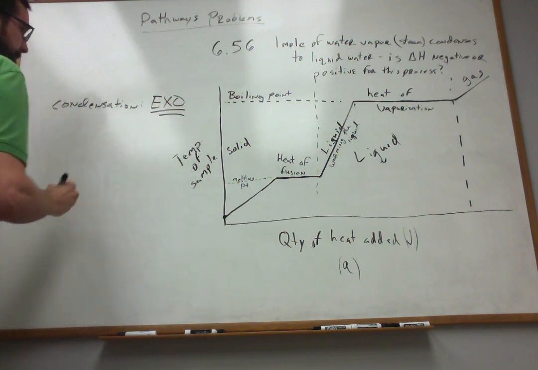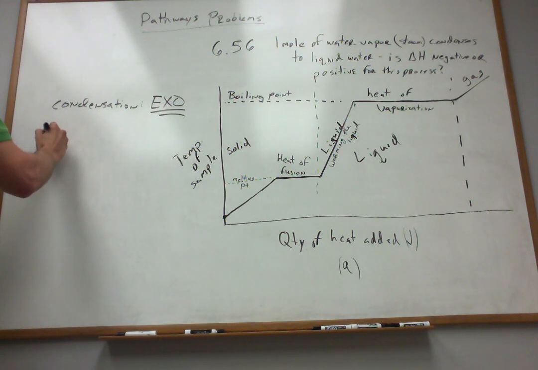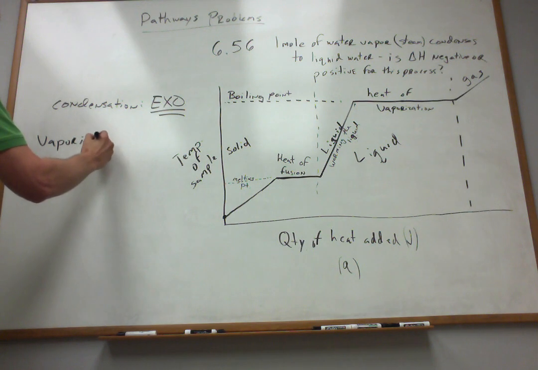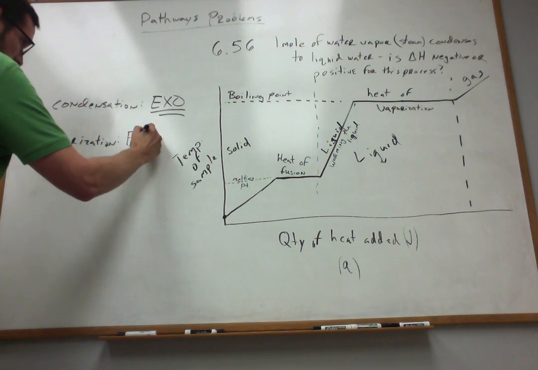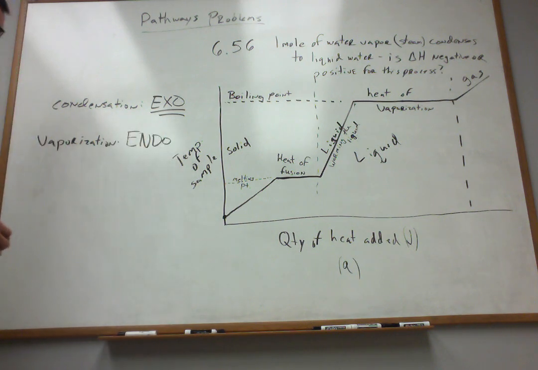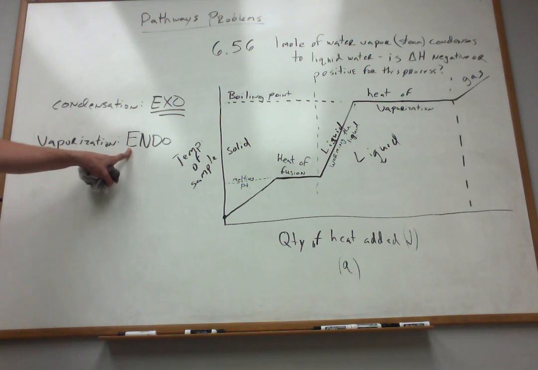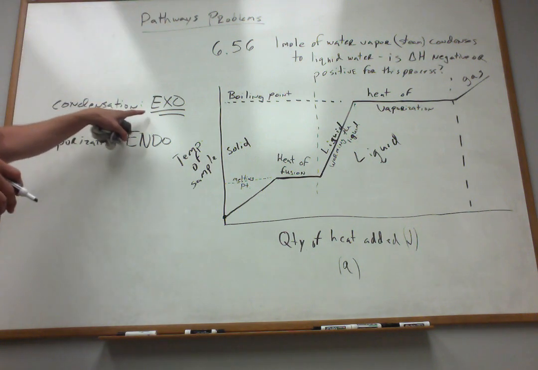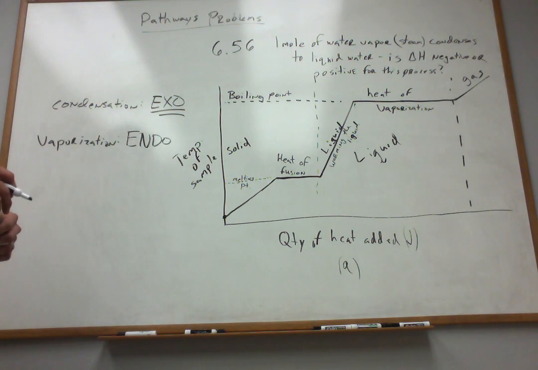All right? And vaporization or evaporation, which is the reverse of condensation, is an endothermic process. So to evaporate or vaporize, to make into a gas, requires an energy input. But condensation, going from a gas to a liquid, is an exothermic process.